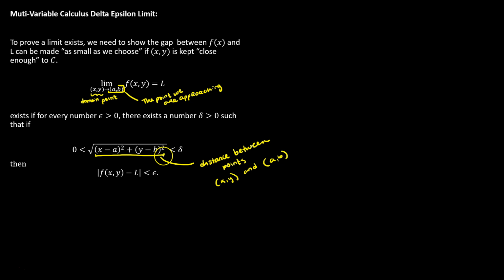And we're expressing that by saying that we're stuck between 0 and a number delta. And the reason why we need it to be very small is because if we find the right delta, usually it's very small, then we can say that the distance between our function and this limiting value is infinitely small as well.